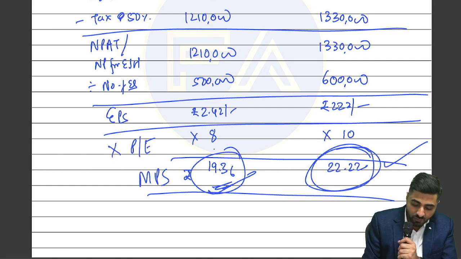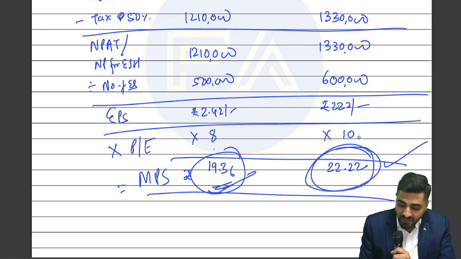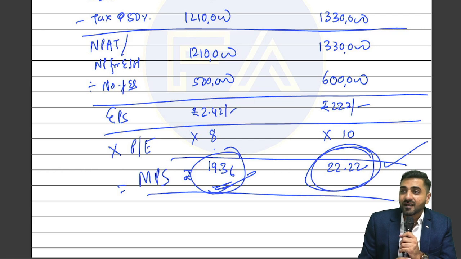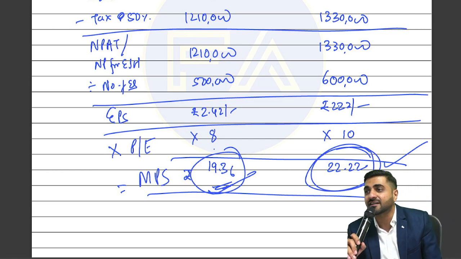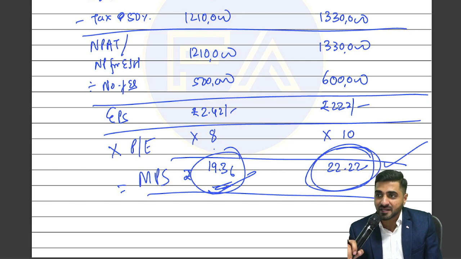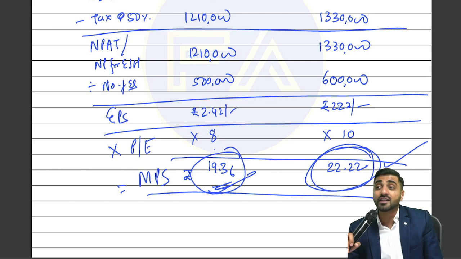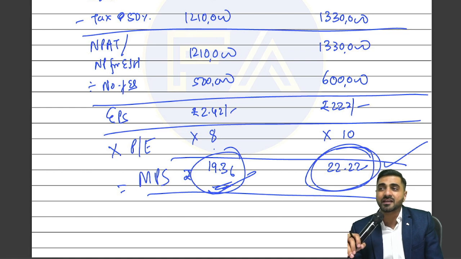EPS into P/E ratio gives you MPS. He is thinking this is 10 rupees. I told you that MPS can be calculated by taking EPS into P/E ratio. If I multiply that, I get the market price. Are you okay? You are a CFO of a company. Do you want the market price to be lower or higher? So right now, what's the market price?